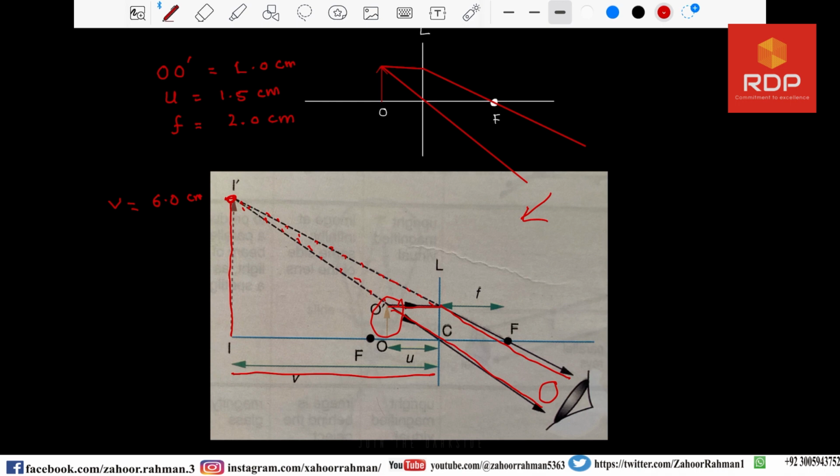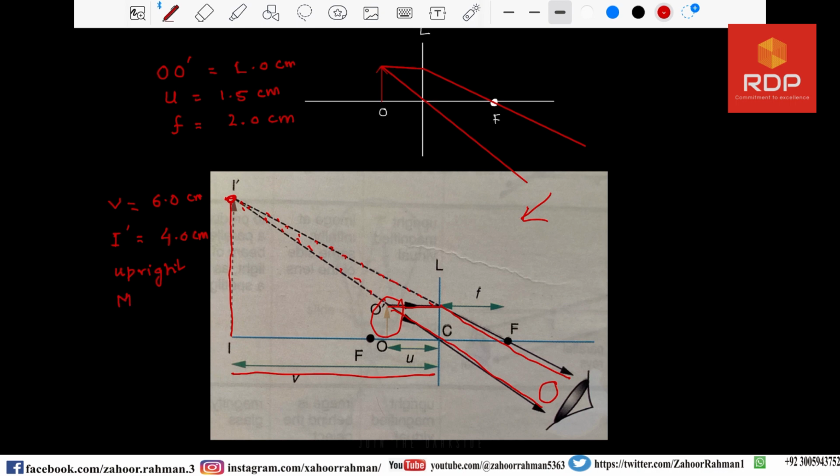And if we observe the image size, I am denoting it by h dash, and that will be equal to 4 centimeter. The image form is upright. This is another characteristic of this image. This is upright.